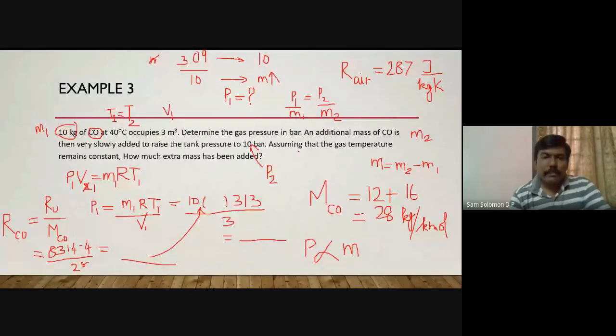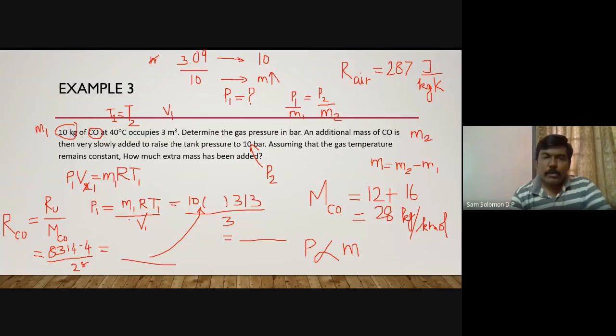If the temperature remains constant, then we can try and write P2 equal to M2 R T2 divided by V2. We know the value of pressure P2, which is 10 bar. We know the value of R because the R value of carbon monoxide is not going to change. Temperature T2 is once again 40 degrees centigrade, which is 313 Kelvin.